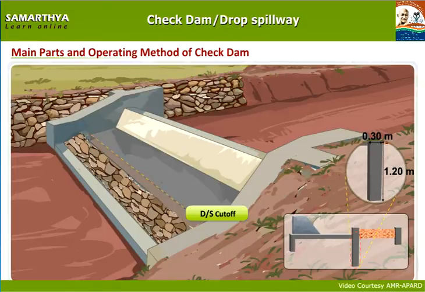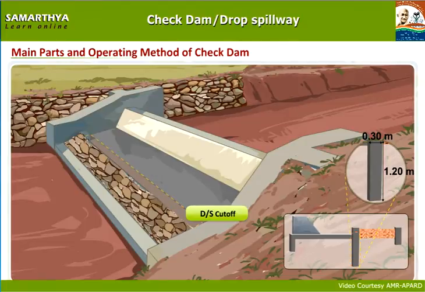Downstream side cutoff wall. A concrete construction with 1:4:8 structure constructed adjacent to solid apron with 0.30 meters width and 1.20 meters depth.